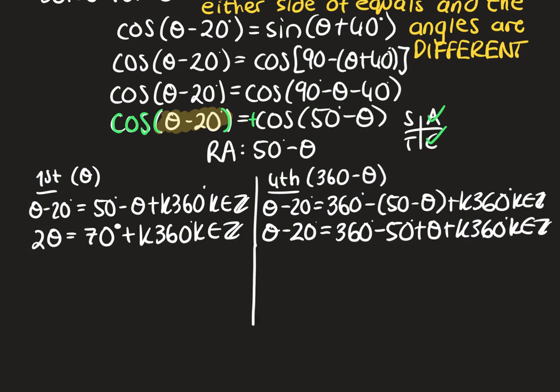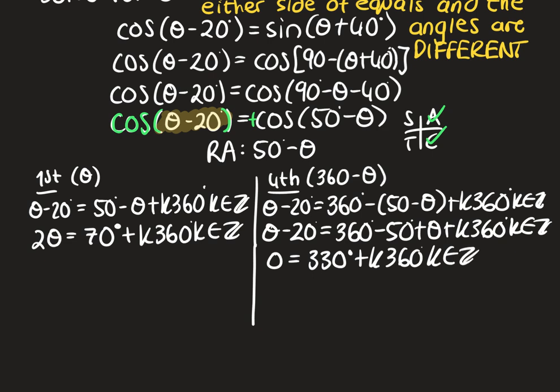Okay, so then what we're going to do now, we can bring the thetas over. And what's going to happen here? If I bring the thetas over, guys, do you agree with me that the thetas are going to cancel? It's going to leave me with 0, and that's going to be 310, so 330, plus K360. K is an element of integers.